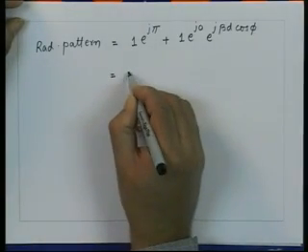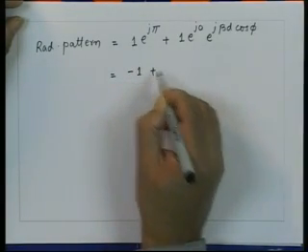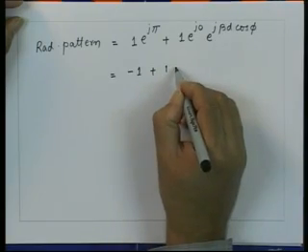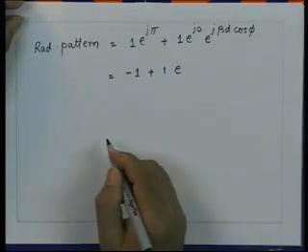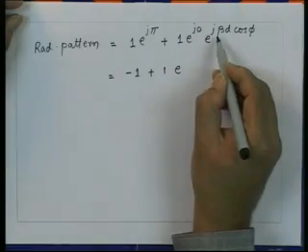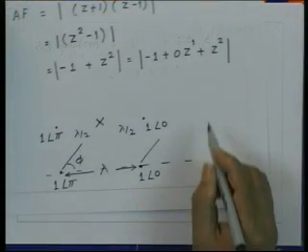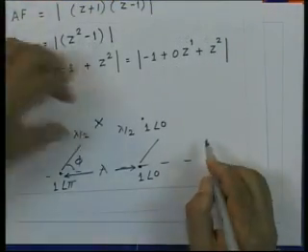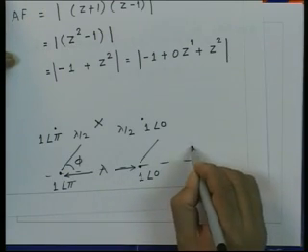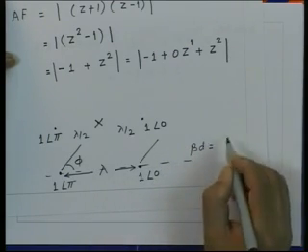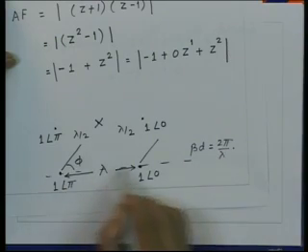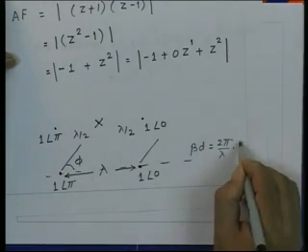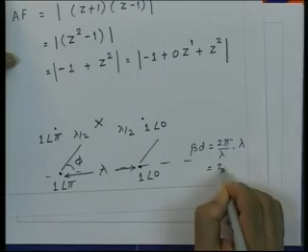So, that is equal to minus 1 plus 1 e to the power j beta d cos phi, but we have beta d in this case which will be equal to 2 pi by lambda into d, which is now lambda in this case. So, beta d is equal to 2 pi.